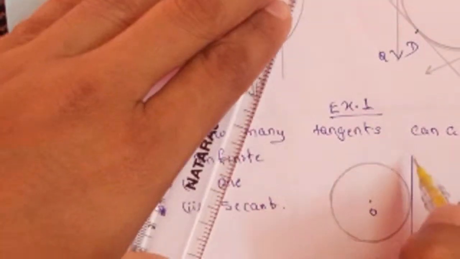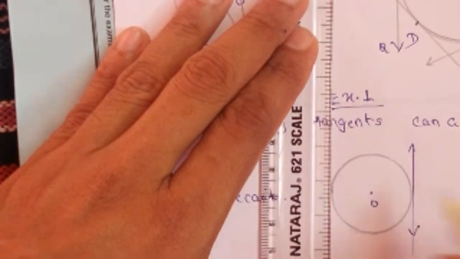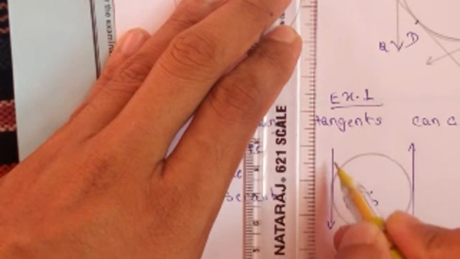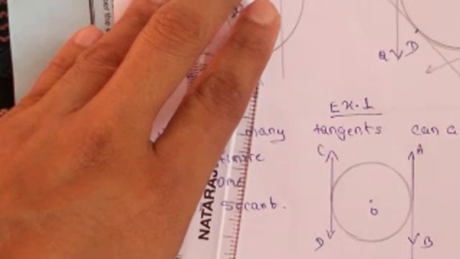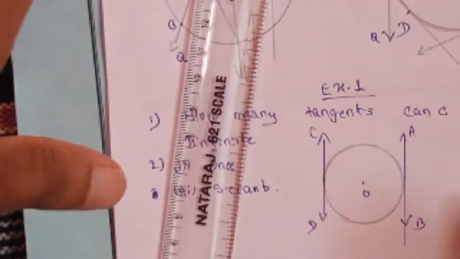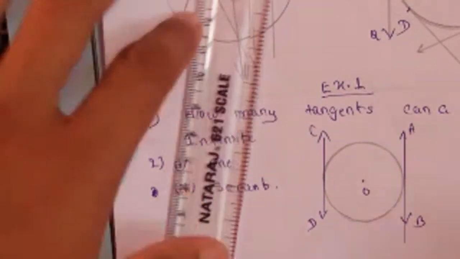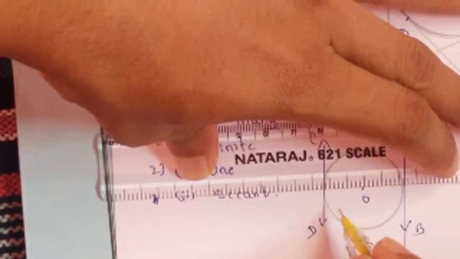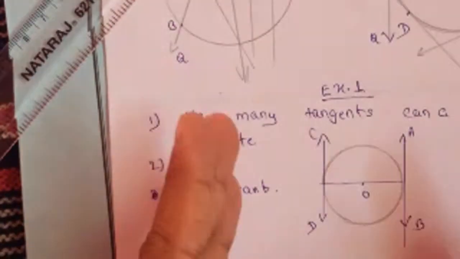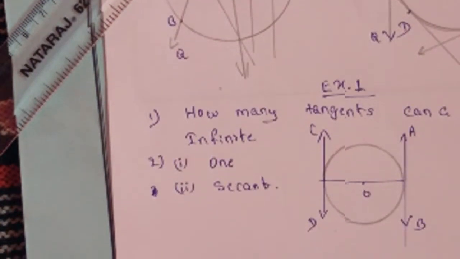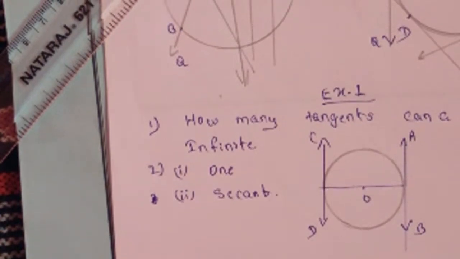I'll consider this as one line, tangent, and this another tangent, A, B, C, D. Okay, AB is one tangent and CD is one tangent, and both are parallel to each other. So because when we draw a diameter here, at the ends of the diameter the tangents are drawn. Therefore these two tangents are parallel to each other.